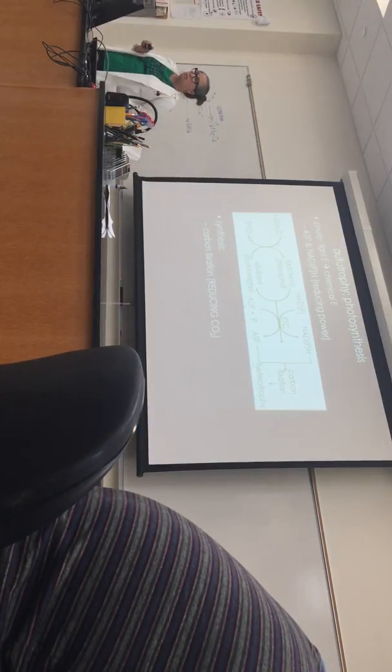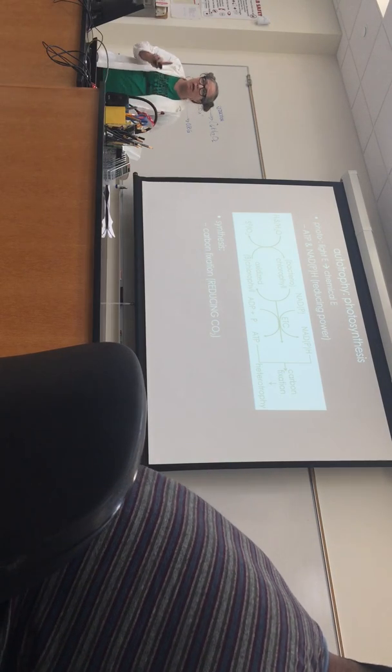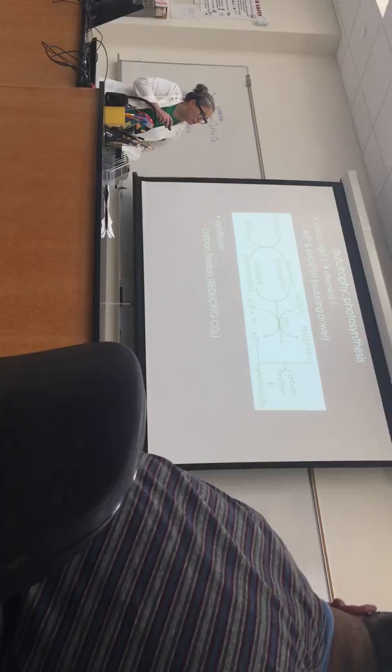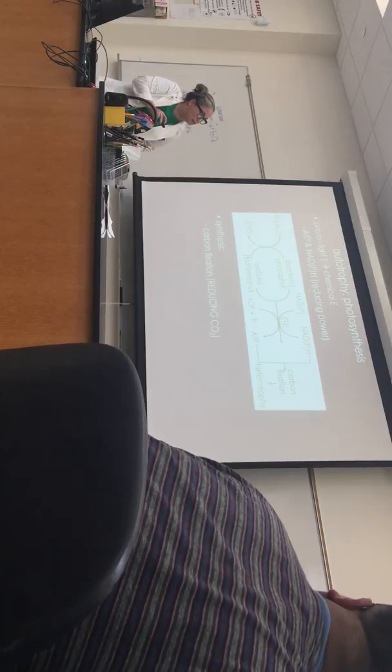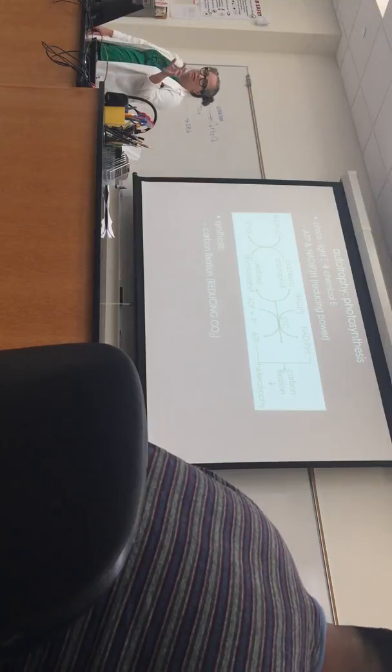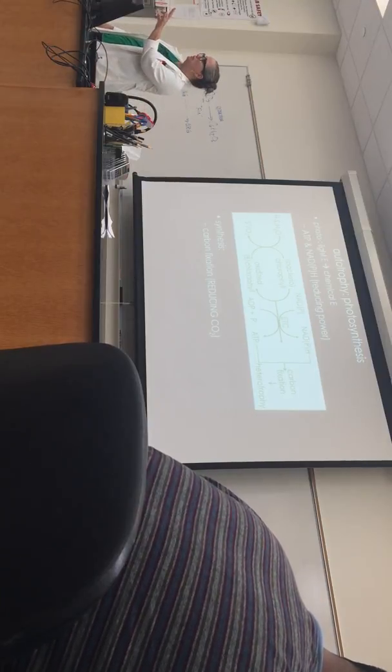But notice this one, unlike every other one of these schematics that we've looked at, has this in the middle. This is absolutely important to all photosynthesis because that's the step where light becomes chemical.